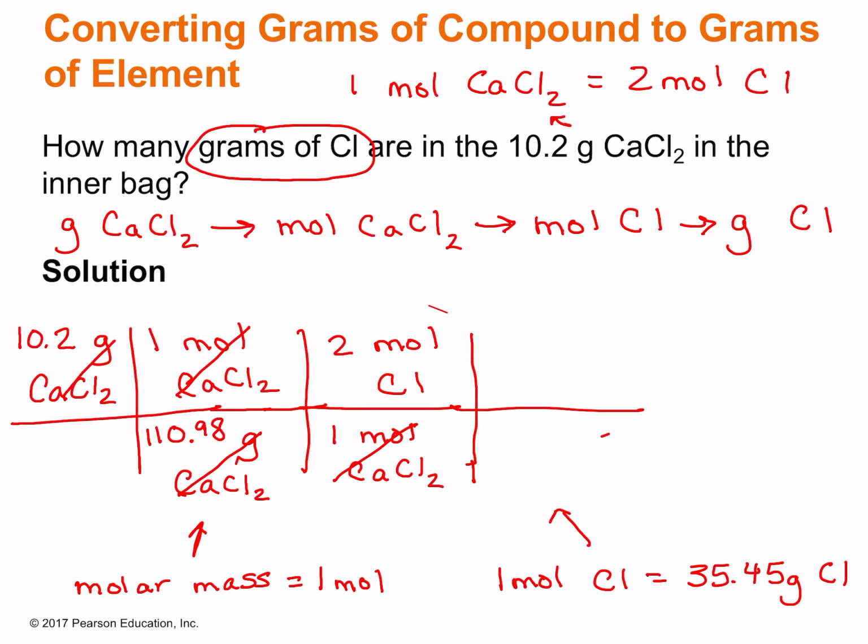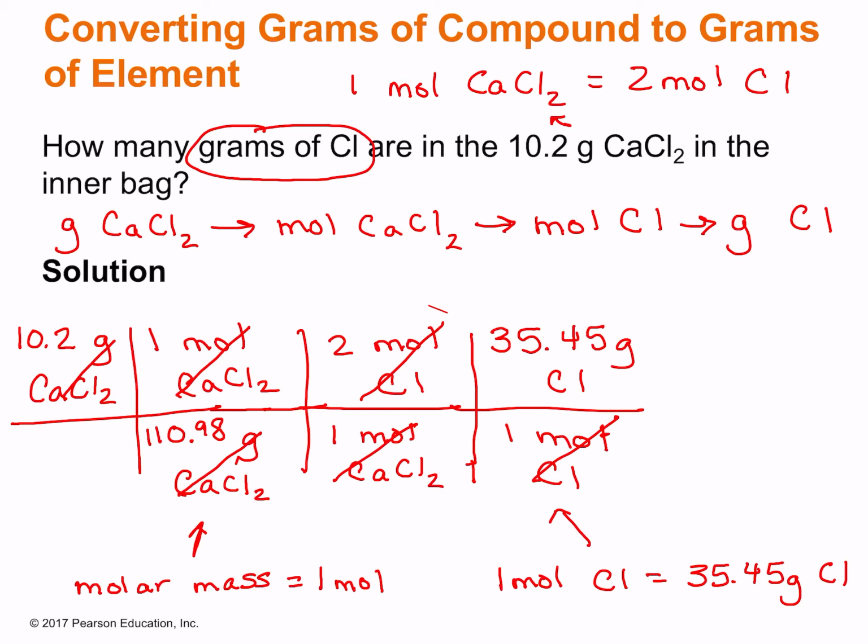So moles of chlorine has to cancel moles of chlorine down and to the right. So 1 mole of chlorine will go down here, and 35.45 grams of chlorine will go on the top. We double check moles of chlorine cancels moles of chlorine, always down and to the right. And then finally, we have grams of chlorine in this top right, which is what we were trying to find.